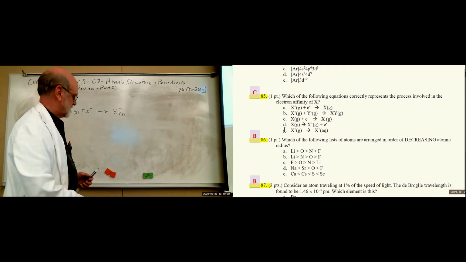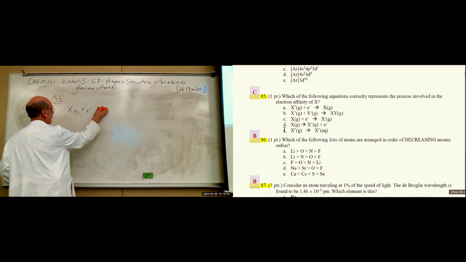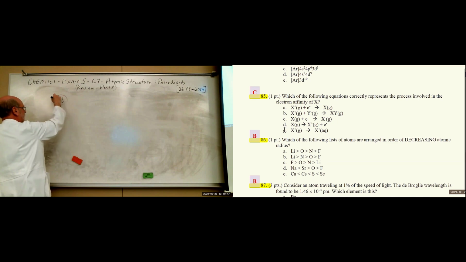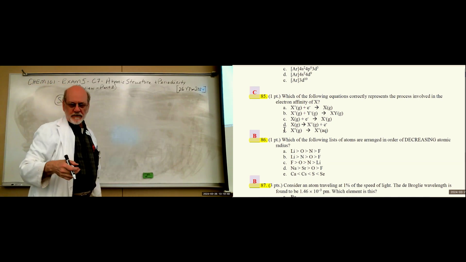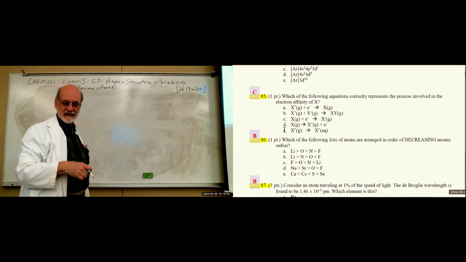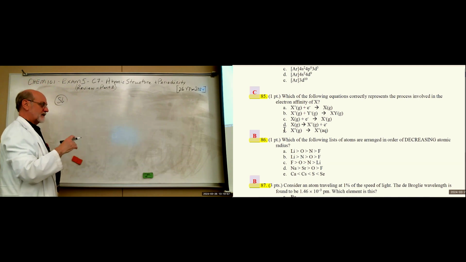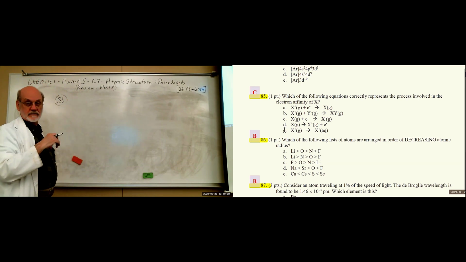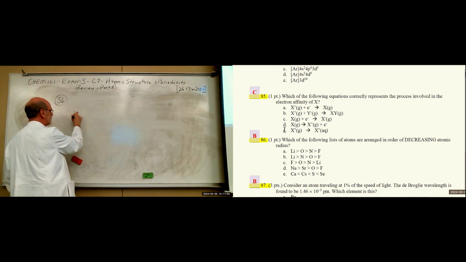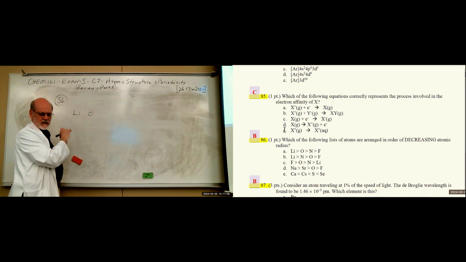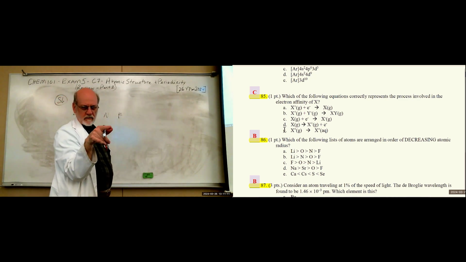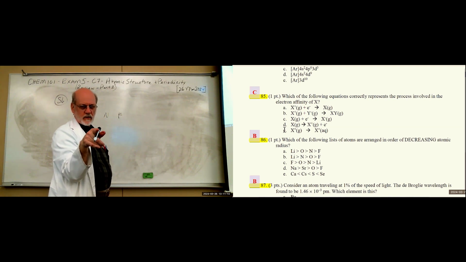All right, 86. Which of the following lists of atoms are arranged in order of decreasing atomic radius? Decreasing atomic radius. That would be from lower left to upper right, would be decreasing radius. So what do we have? We've got lithium, oxygen, nitrogen, fluorine, lithium, nitrogen, fluorine, sodium, strontium.